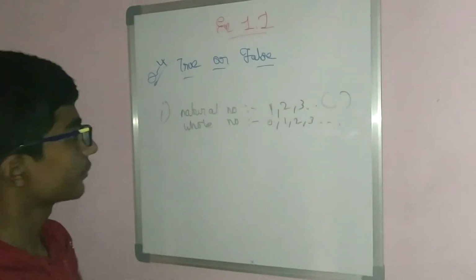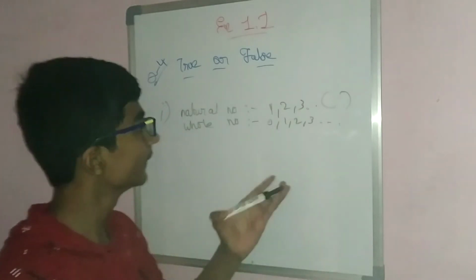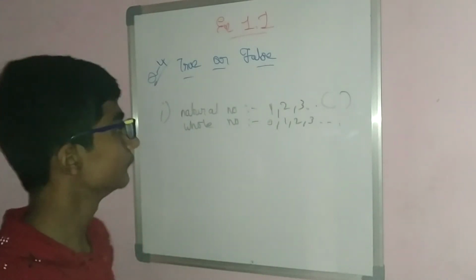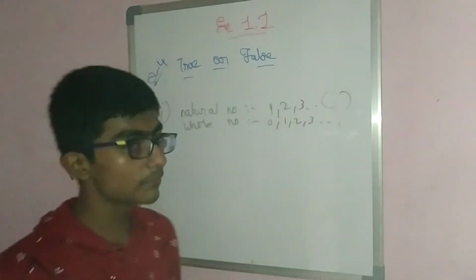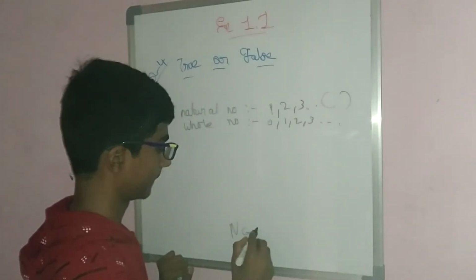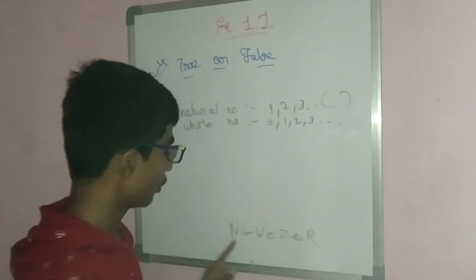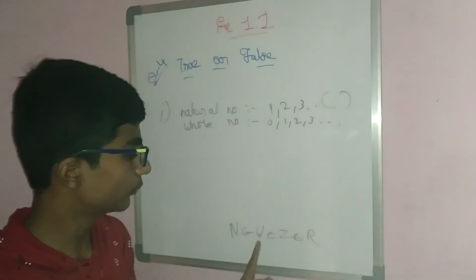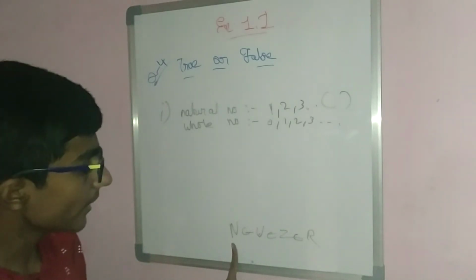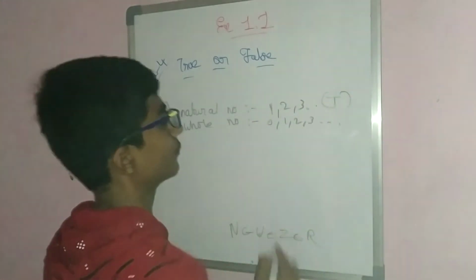Natural numbers start from 1 and are endless. Whole numbers start from 0 and are endless. So 0 does not come in natural numbers, and we can say that all natural numbers are whole numbers. Remember the formula N, W, Z and R. All natural numbers are whole numbers, all whole numbers are integers, and all integers are rational numbers. So all natural numbers are whole numbers. Hence, it's true.